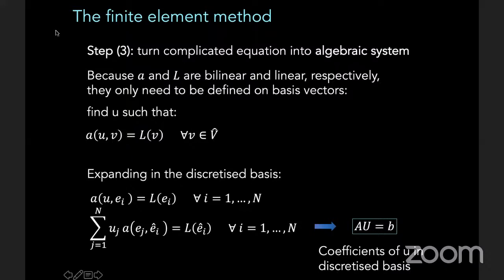In fact, can I have a pen? Maybe not. Okay. Ashim, there's one behind you. Okay. This one more. Yeah. So you've got your solution. Okay, you can expand it in terms. Yeah, I'm sorry that the remote people will not see. You can expand it in terms of some coefficients and some basis functions. Okay. Now let's put that into a bilinear form. So we've got a bilinear form of your solution and of the test functions.